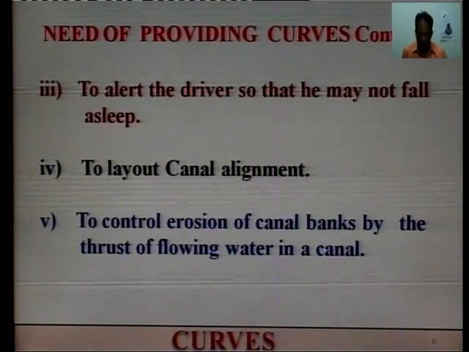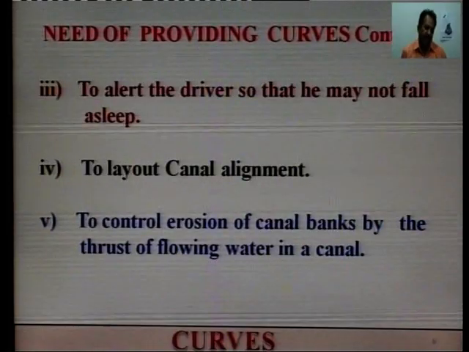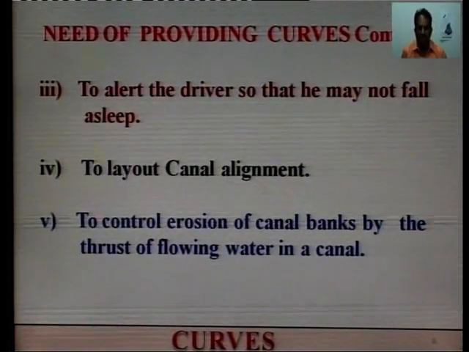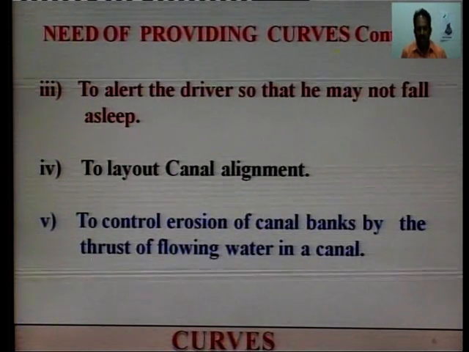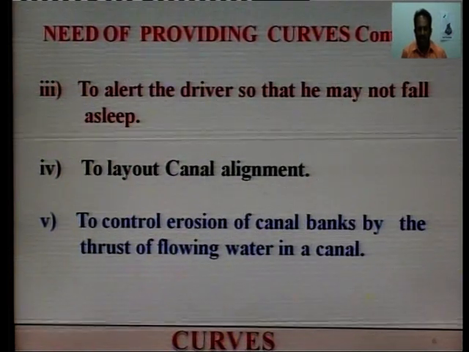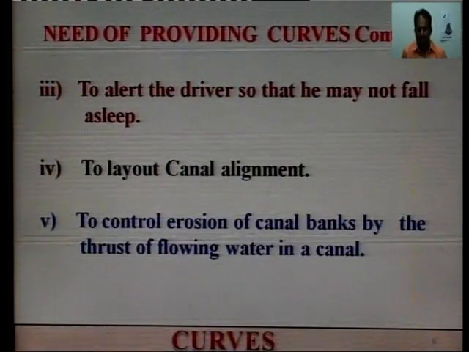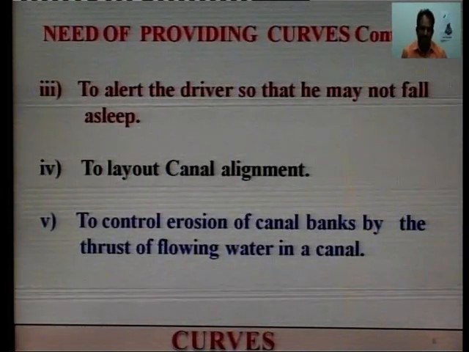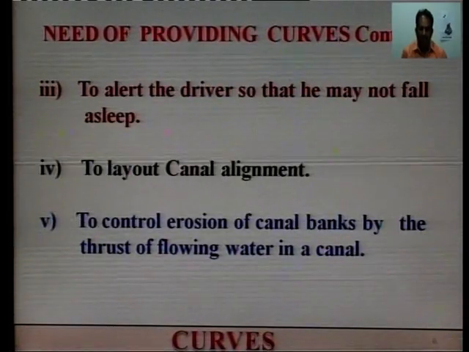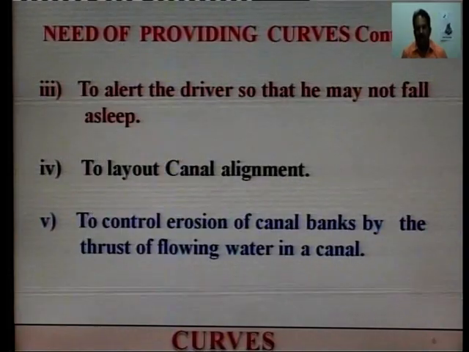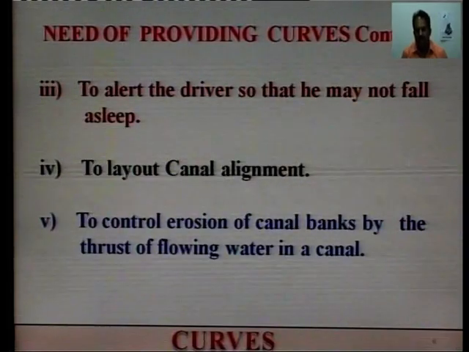Fourth, curves are also provided for the layout of the canal alignment, that is, for the slope of the canal. And fifth is to control erosion of canal banks by the thrust of flowing water in a canal.